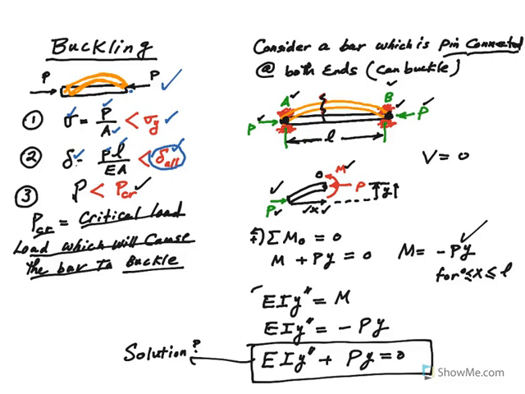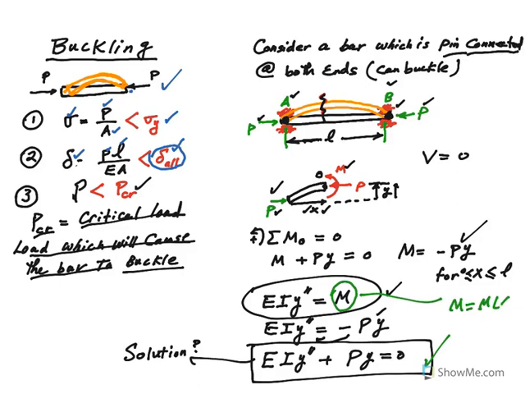And then we go to the differential equation of the elastic curve, EI y double prime equals M. So EI y double prime equals minus Py. Then bring minus Py to this side, so it becomes EI y double prime plus Py equals 0. Notice that before, our moment was always a function of x. Remember when we were doing deflections by integration?